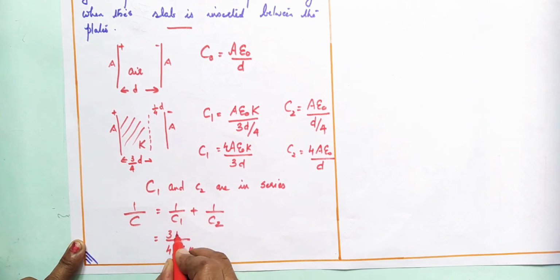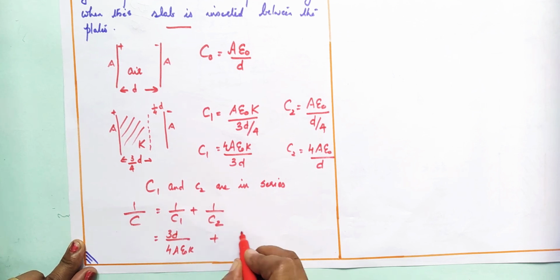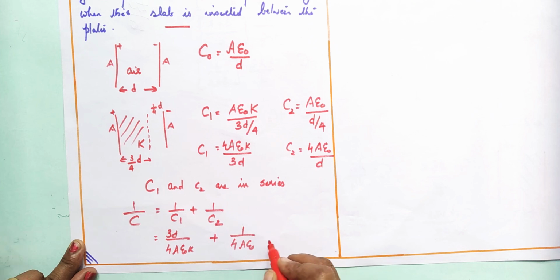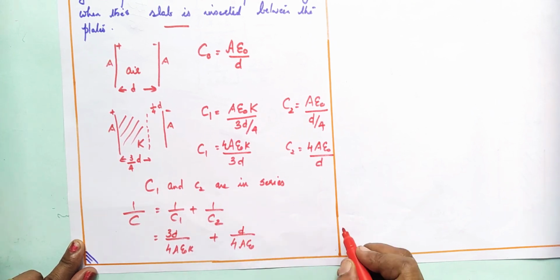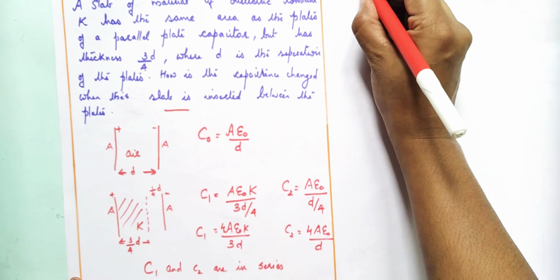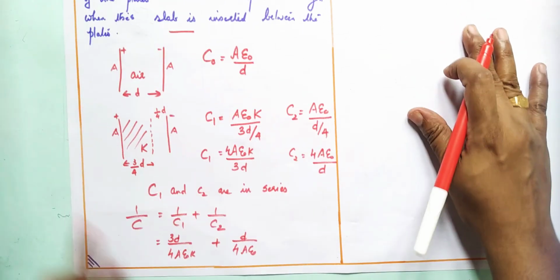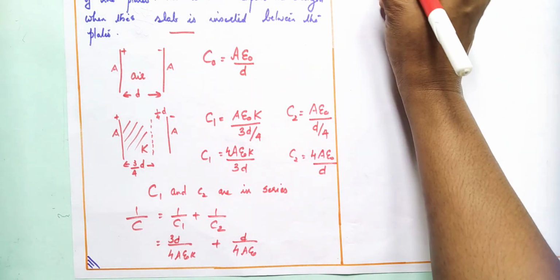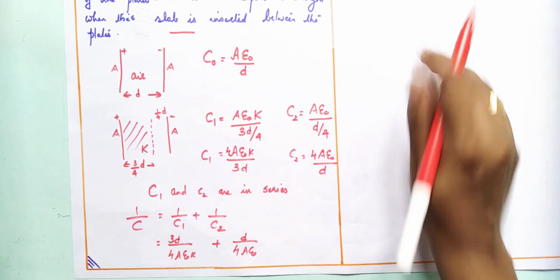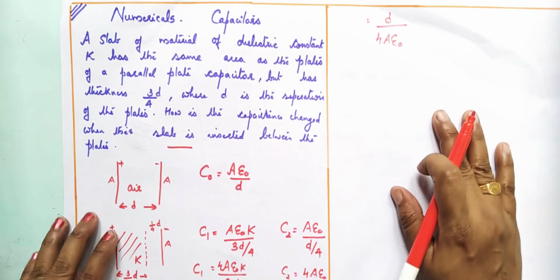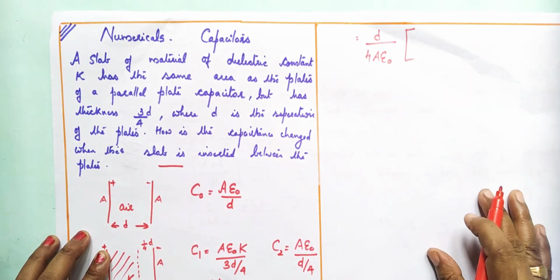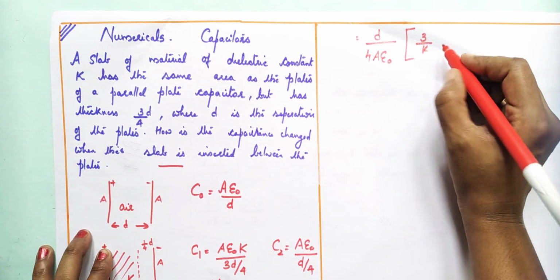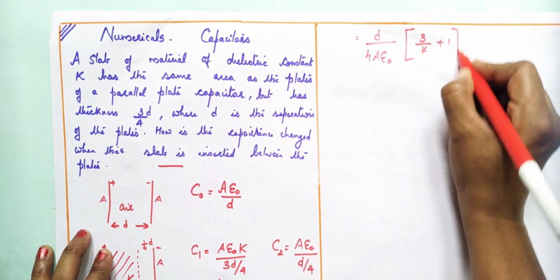That 3D comes to the numerator. Plus 1 by C2, that is 1 divided by 4A epsilon 0 divided by D. That D again comes to the numerator. Now we can simplify. It is equal to D divided by 4A epsilon 0 taken outside, into, the remaining we can write as 3 by K plus 1.